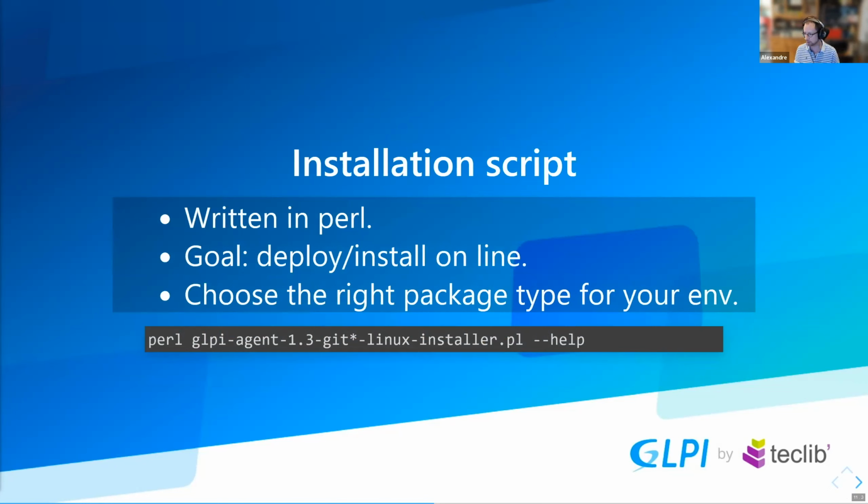We have a lot of options for this part, but the point is we have one script for Linux. It's like the one existing for Windows in VBS, the same goal but with a lot more options. The script will choose the package, RPM, Snap, etc., based on your current environment.